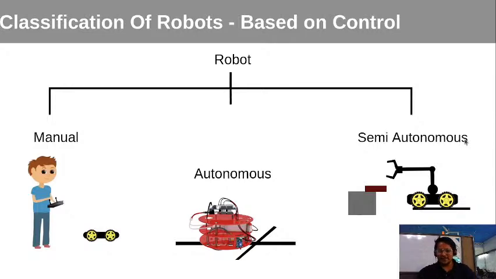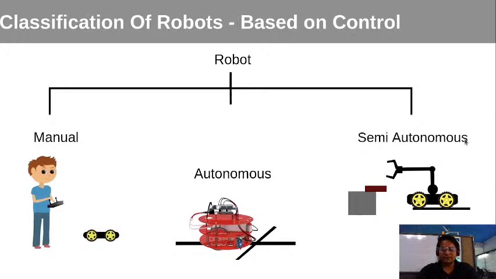So I was just telling about semi-autonomous. One of the semi-autonomous applications present in our home is just a washing machine. Why is it semi-autonomous? Because in semi-autonomous, two things are required: you have to control manually at some point, and at some point it works on its own.